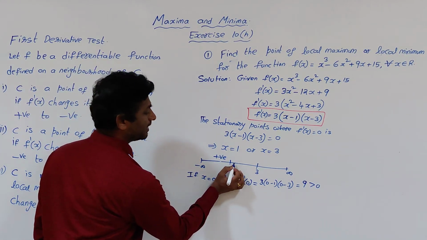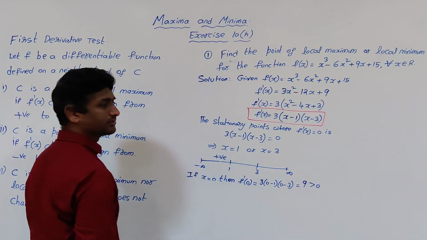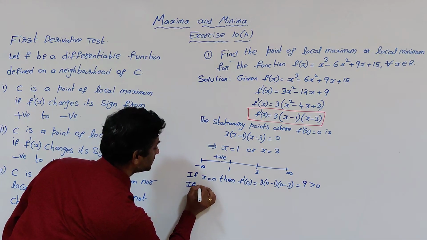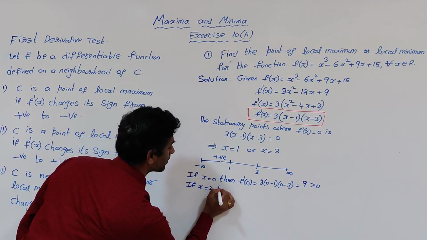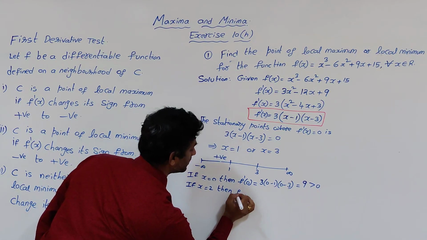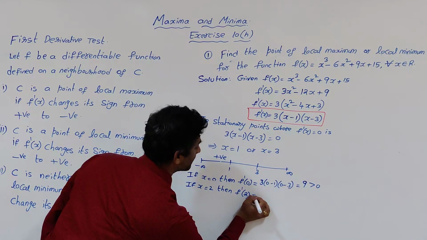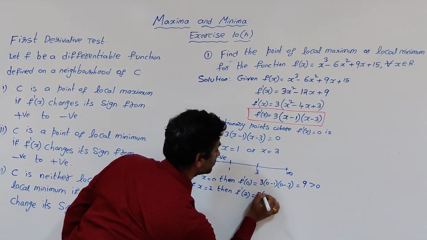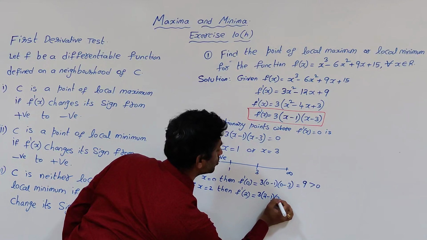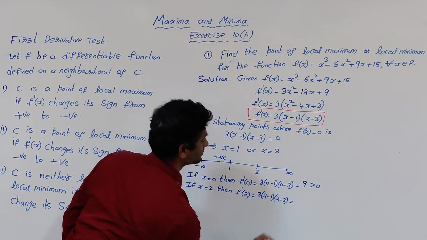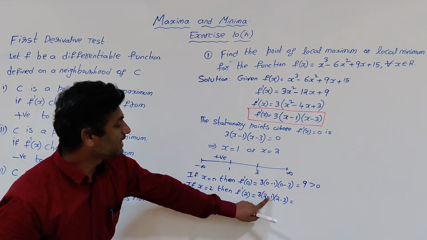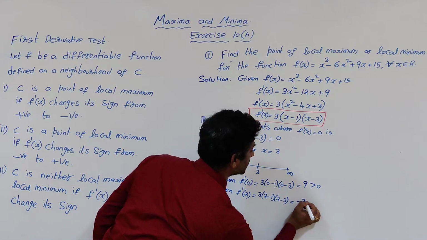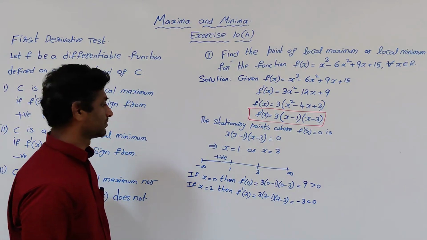Next, choose a value which is after 1. Let's go for 2. If x is equal to 2, then what happens to f dash of 2? Substitute: 3 into 2 minus 1 into 2 minus 3. 2 minus 1 is 1, 2 minus 3 is minus 1. So it will be minus 3, less than 0.